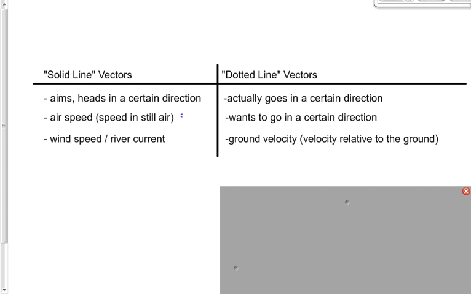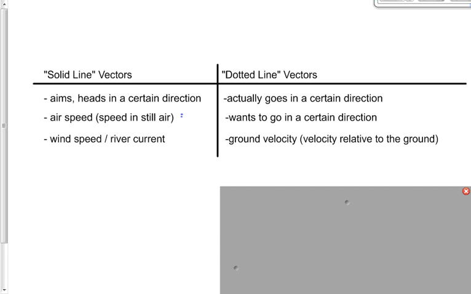I'm heading towards Edmonton. There's a wind speed to the east. I actually end up going kind of northeast. Solid line vector to the north, solid line vector to the east, dotted line vector to the northeast-ish, telling me where I should go.